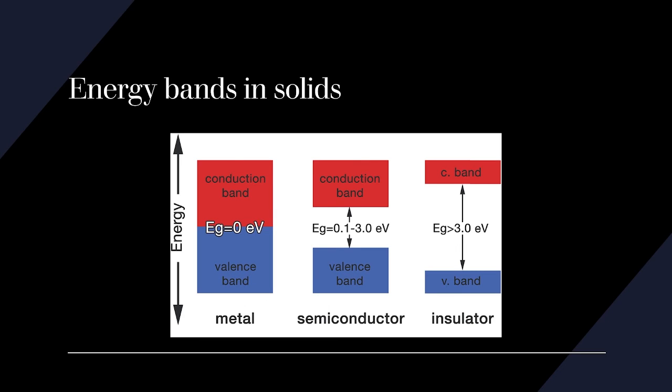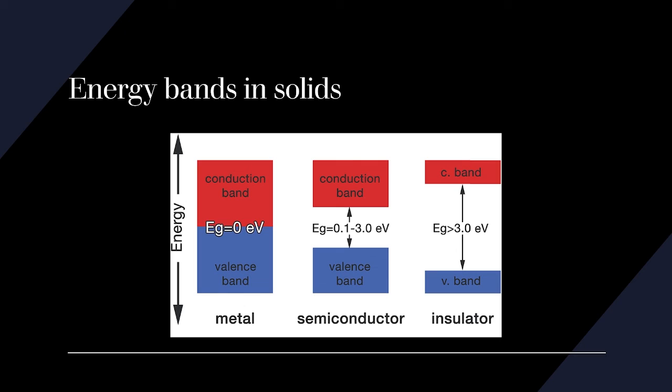But in case of metal, the valence band and conduction band are partially filled and they overlap with each other. Now, in case of insulators, the valence band is completely filled with electrons and the conduction band is empty. But both the bands are separated by a forbidden energy gap of greater than 3 electron volt.